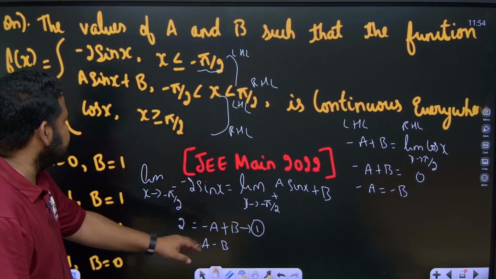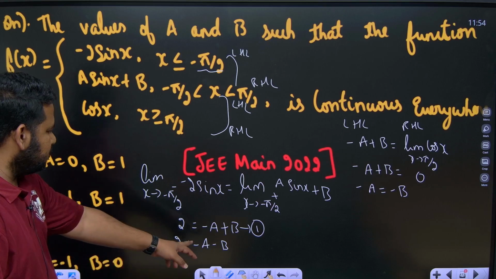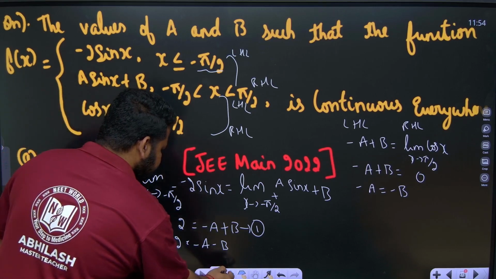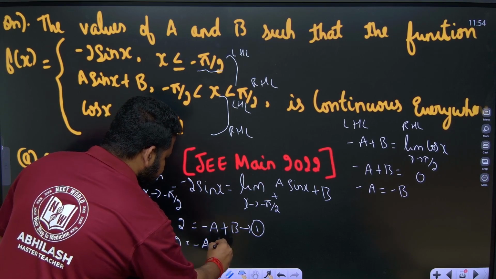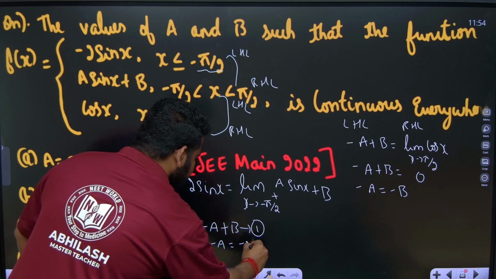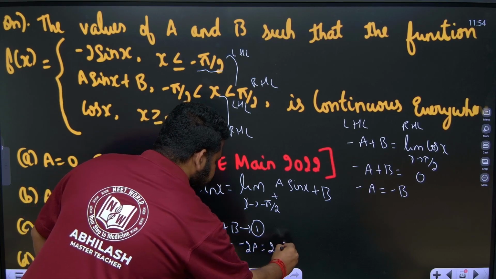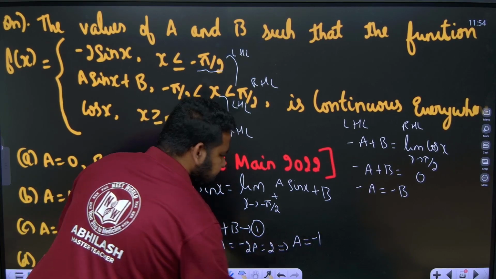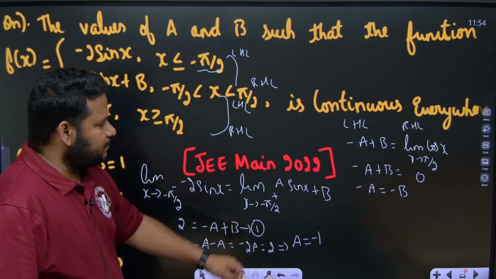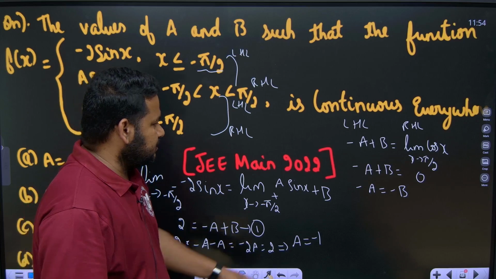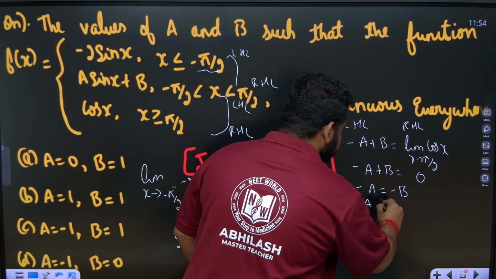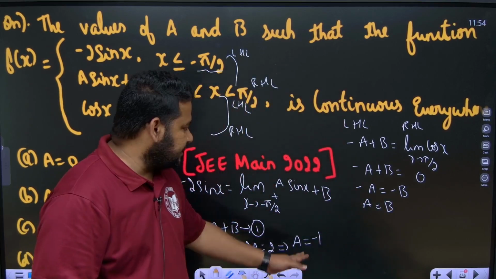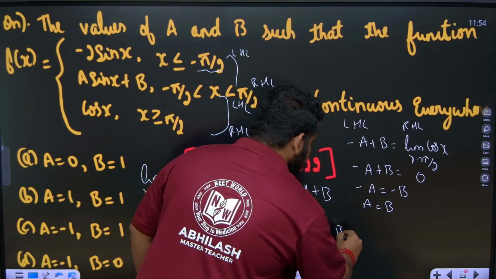Instead of minus b I should write it as minus a. So minus a minus a, this is nothing but minus 2a is equal to 2. That means a is equal to, not just 1, it is minus 1. So a is equal to minus 1. Minus a is equal to minus b means a is equal to b. That implies b is also equal to minus 1.